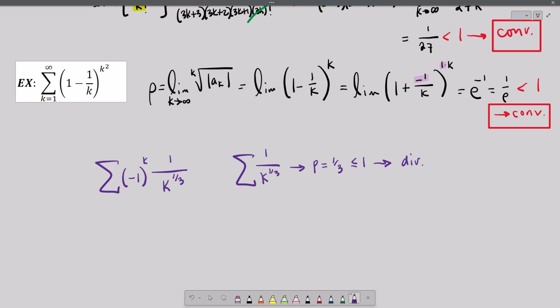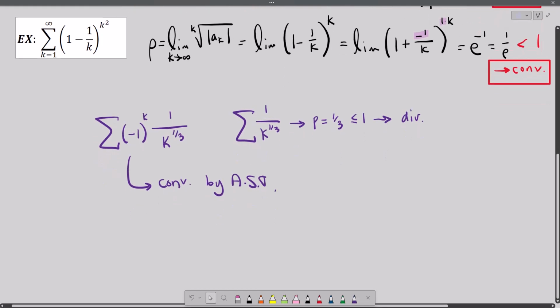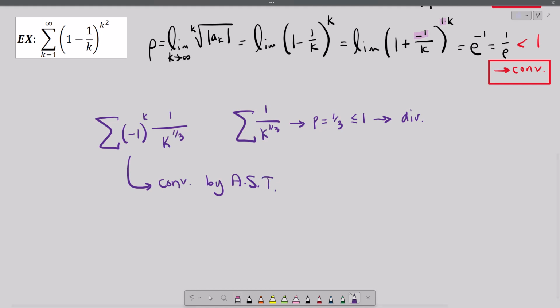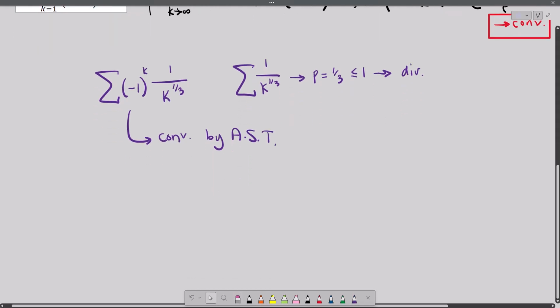Diverge, right? So this is going to converge by AST. What is that convergence, absolute or conditional then? Okay. So this gets classified as conditional.